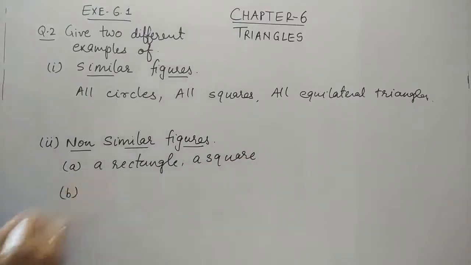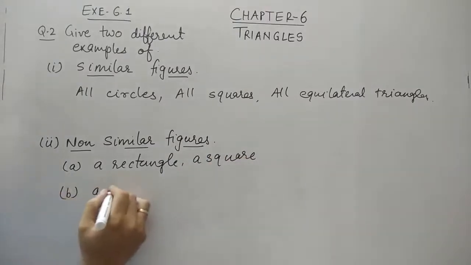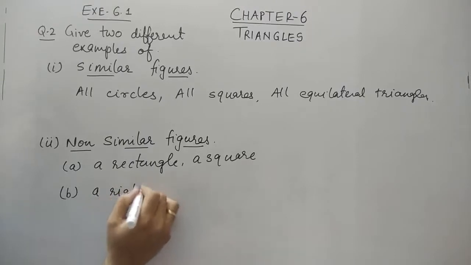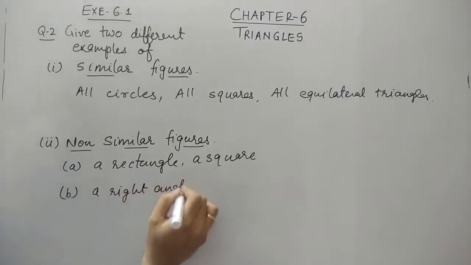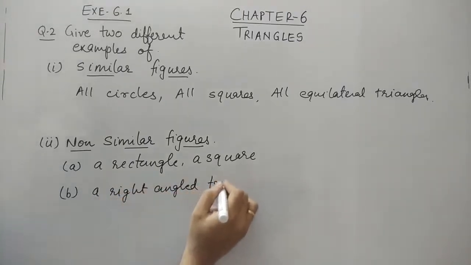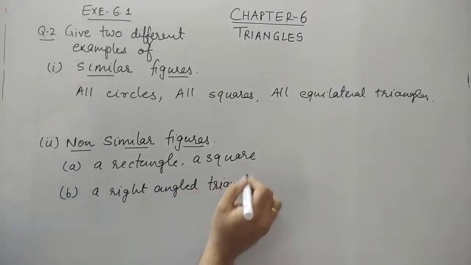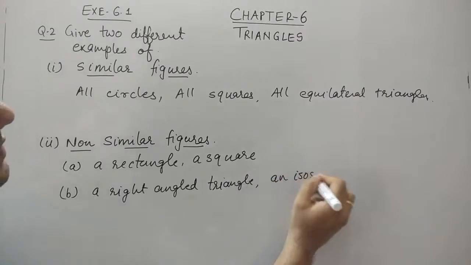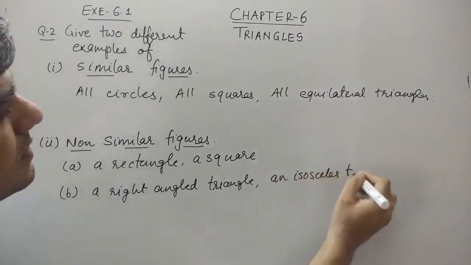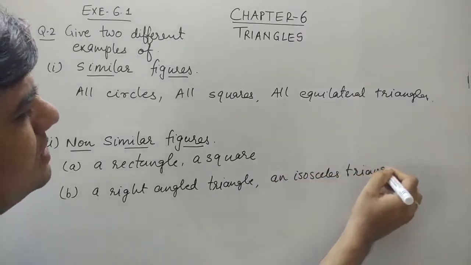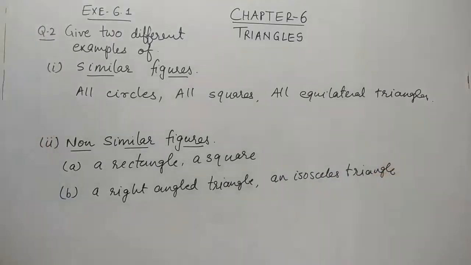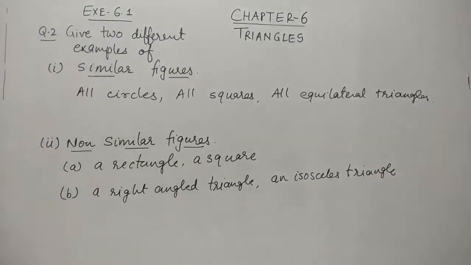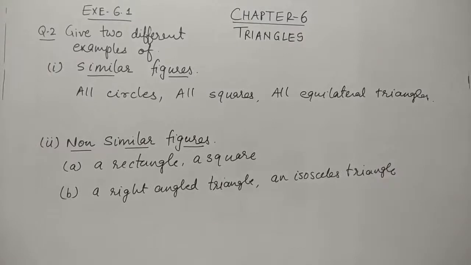One more we can give, a right angle triangle and an isosceles triangle. This is another example. We can write many more examples, but that is fine. In non-similar figures many examples are there. This is the answer.